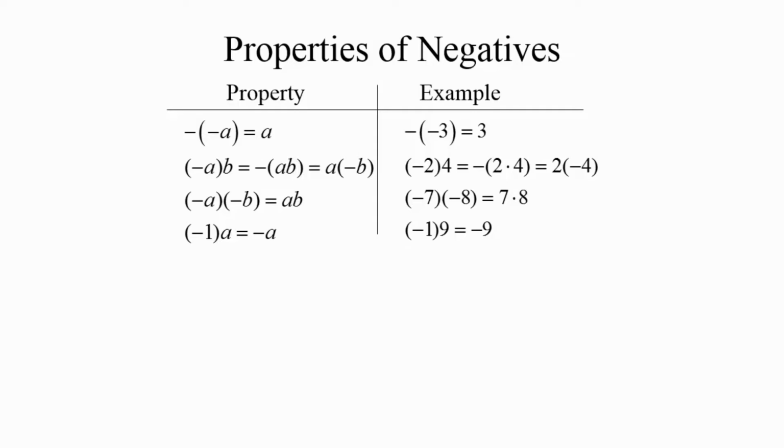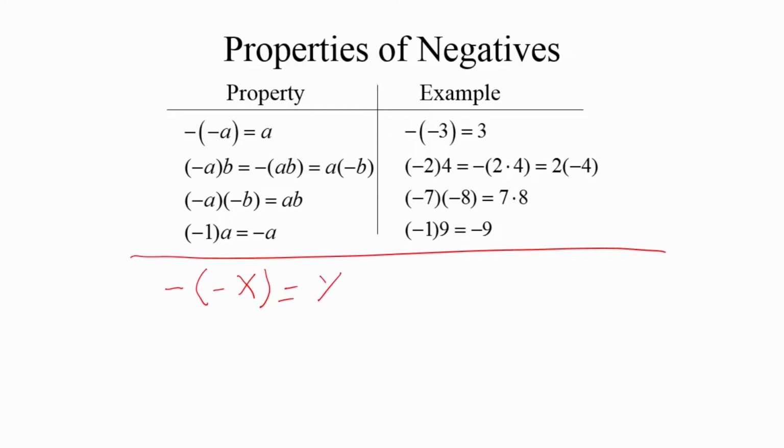Now in this example, a, b, and c are all real numbers. They could have been variables, and still the same law would hold. So for example, negative of negative x would be equal to positive x. This is the first law.